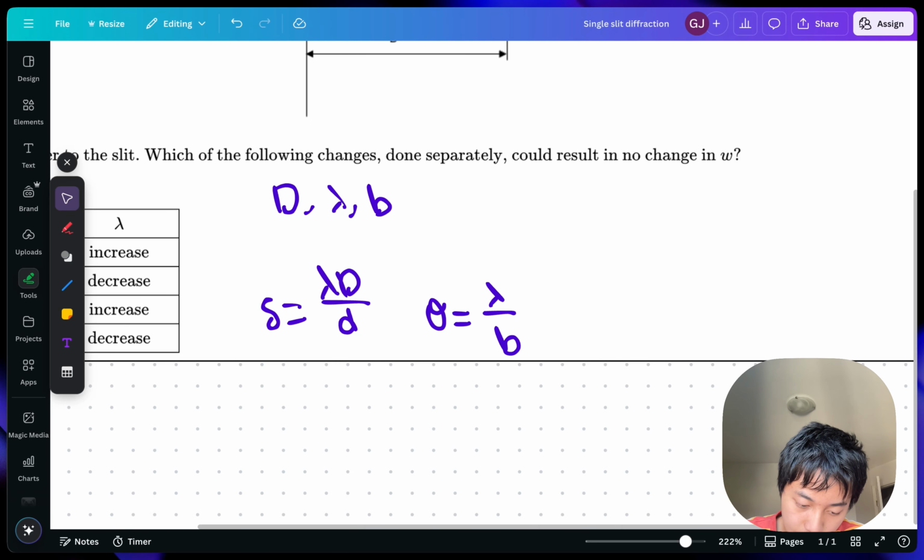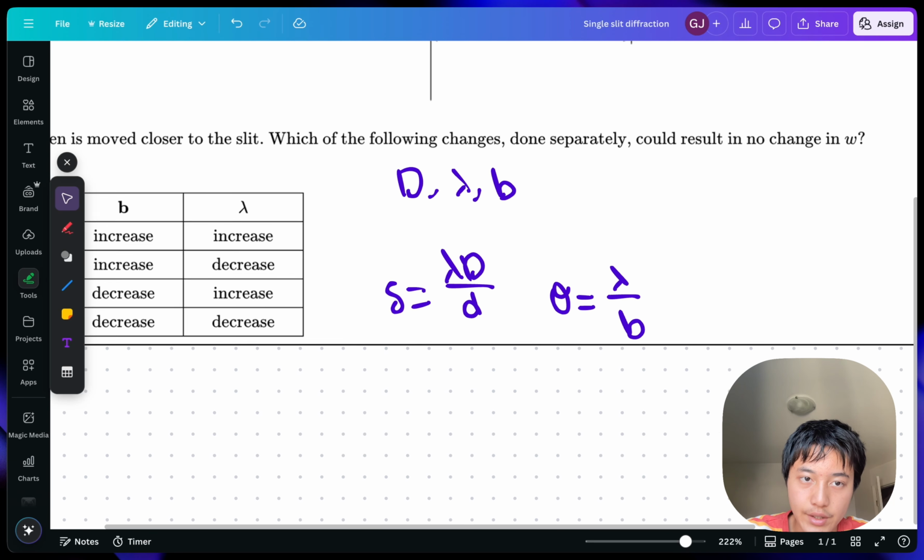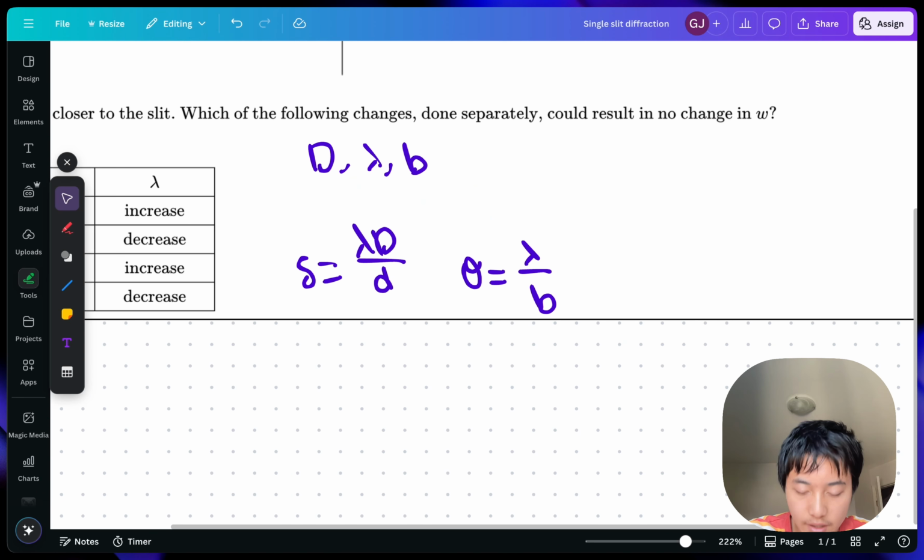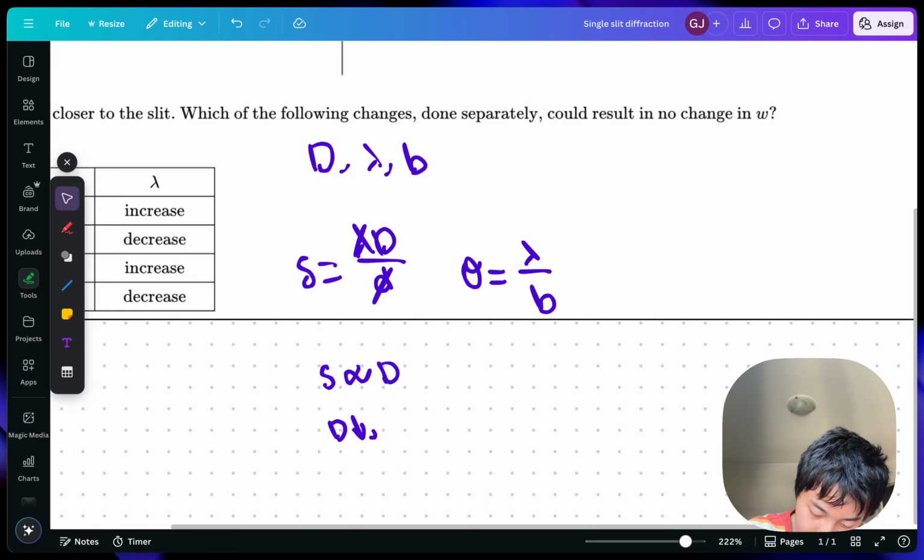Now, we're told that the screen is moved closer to the slit, which means D, capital D, decreased. Let's ignore these two variables right now. So S is directly proportional to D. Since D decreased, S decreased, and S is the fringe distance, so essentially the width of the central maximum.